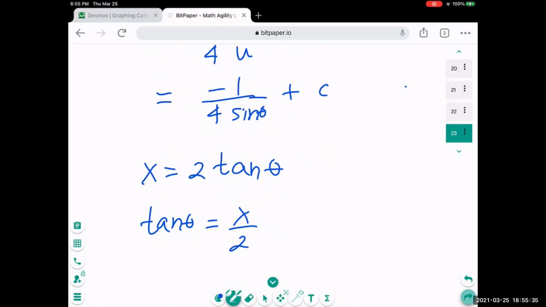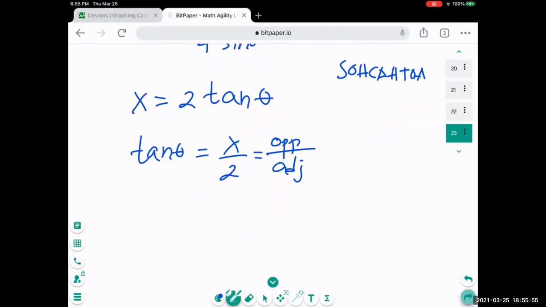And again, SOHCAHTOA. What does SOHCAHTOA say? Our tangent is the opposite over the adjacent. So this is opposite and this is adjacent. Let's draw our right triangle.